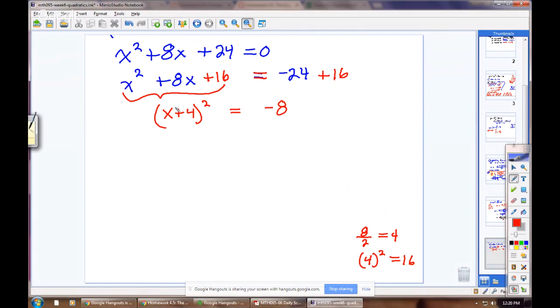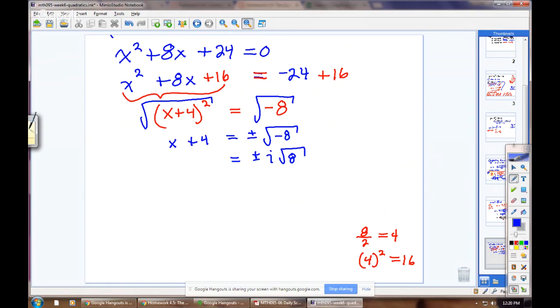Yep. So now that I've completed the square, I can take the square root of each side. So I get x plus 4, provided I adjust the other side with a plus or minus. Anytime we have a negative inside of our root, an i comes out. So I have some cleaning up on this side to do. So I'm going to write that as plus or minus i times the square root of 8.